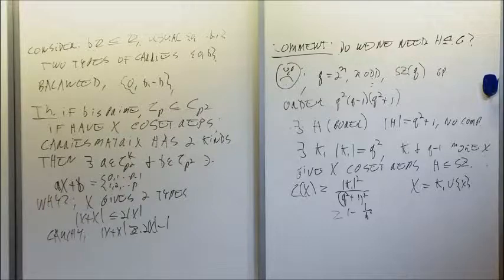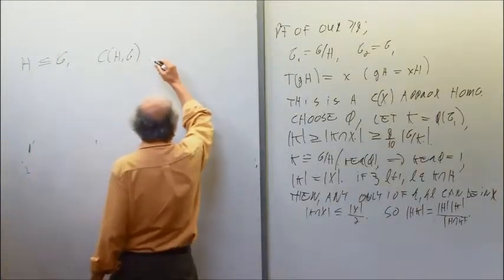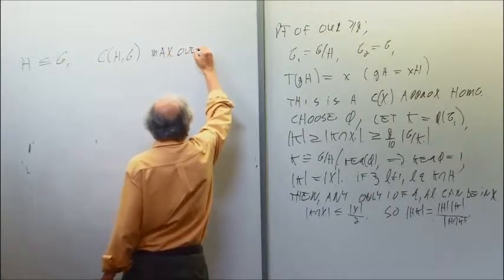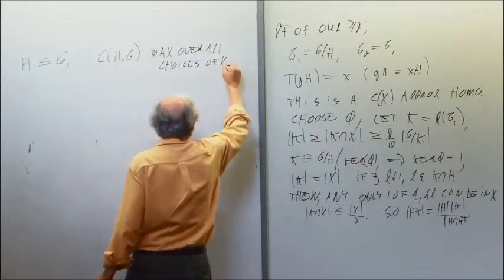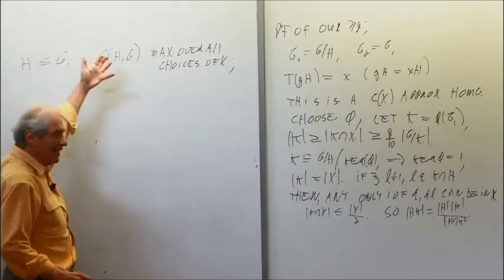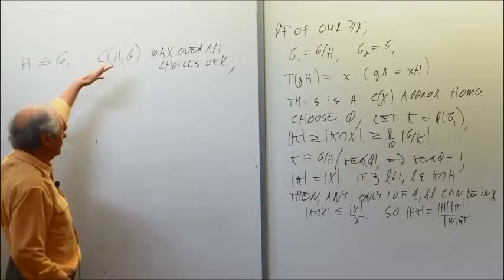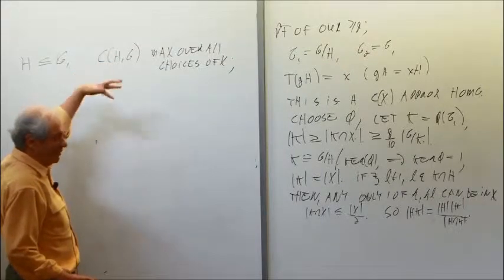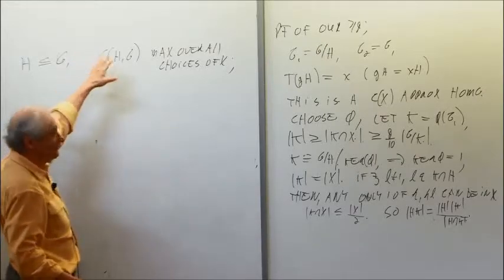So given H a normal subgroup of G, say of finite index, let C of H, G be the maximum over all choices of X. So we showed that in some examples, if the extension doesn't split, there's a 7/9, but for the integers mod b inside the integers mod b squared, this can be 3/4.